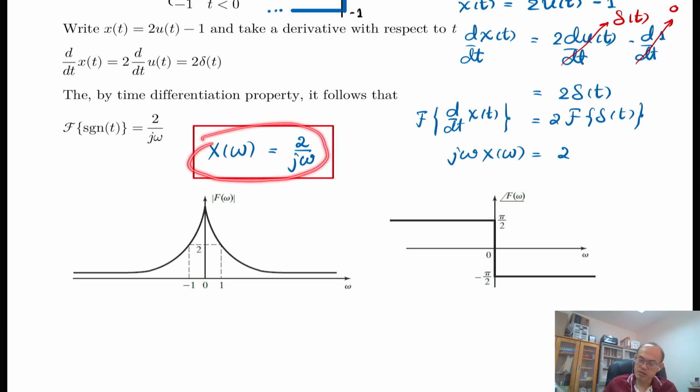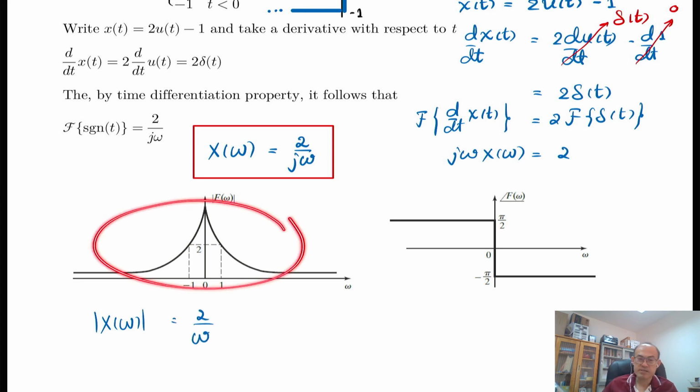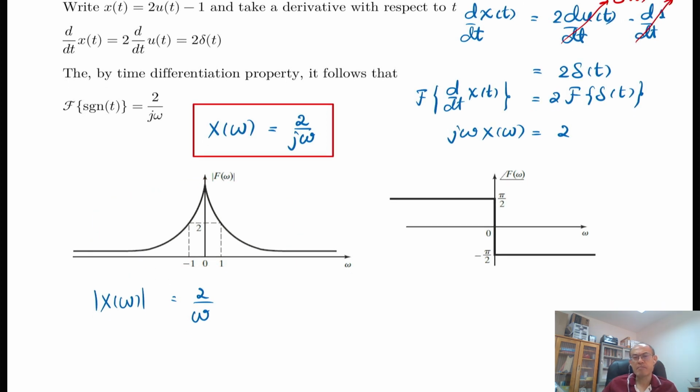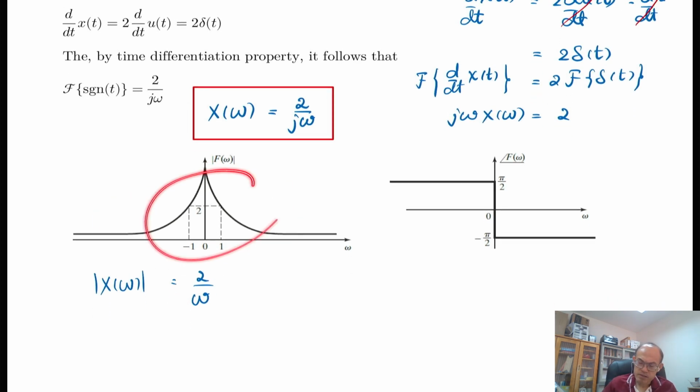But we could plot the magnitude and the phase. Now the magnitude of X is just 2 over omega, and this is the graph of it. It is a hyperbola graph, 2 over omega. So this is 2 over absolute omega, actually.